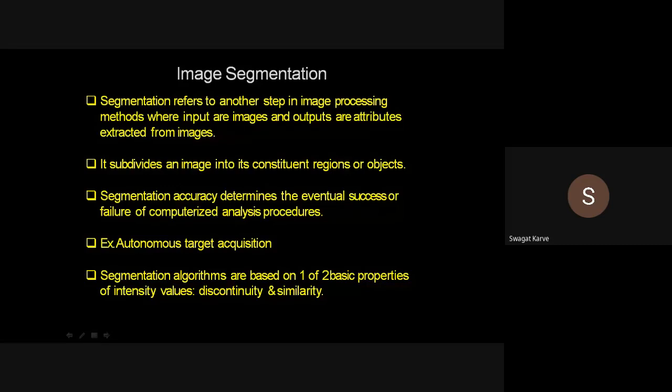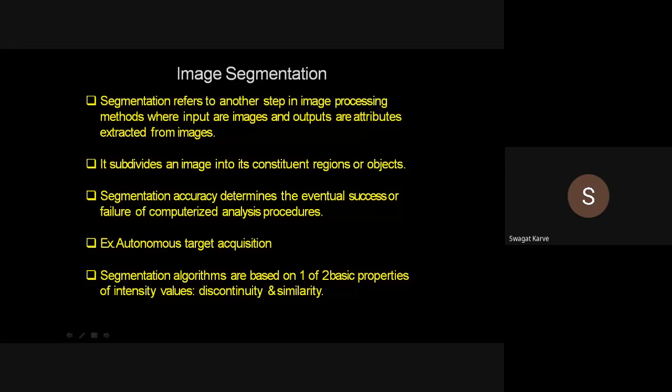But in case of image segmentation, your input is an image, but the output is some extracted information or some attributes that you have extracted from the image.